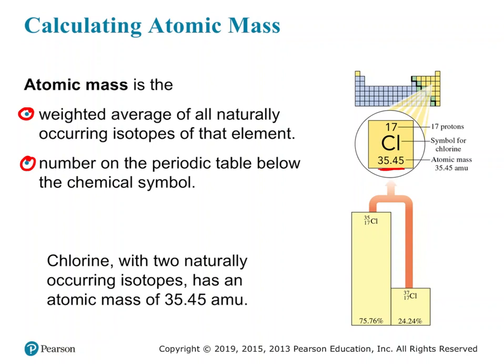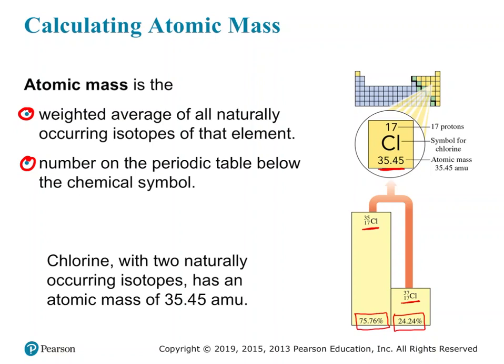Now, chlorine has only two naturally occurring isotopes, one with a mass of 35 and one with a mass of 37. And scientists were able to determine that chlorine 35 is the more abundant isotope. Its percent abundance is about 75% or 76%. And chlorine 37 has an abundance of about 24%.